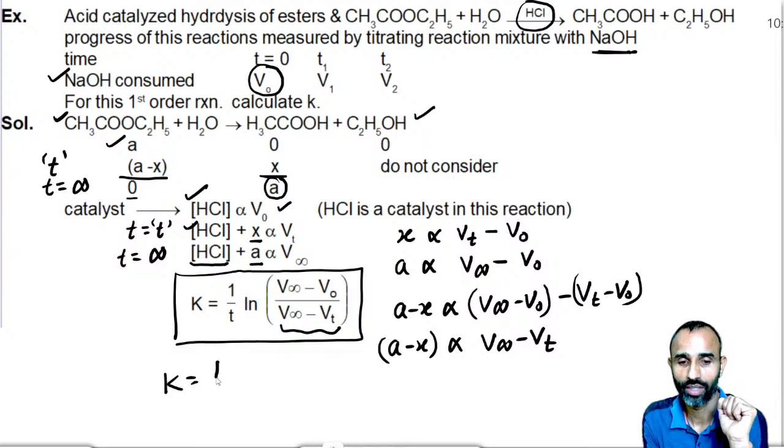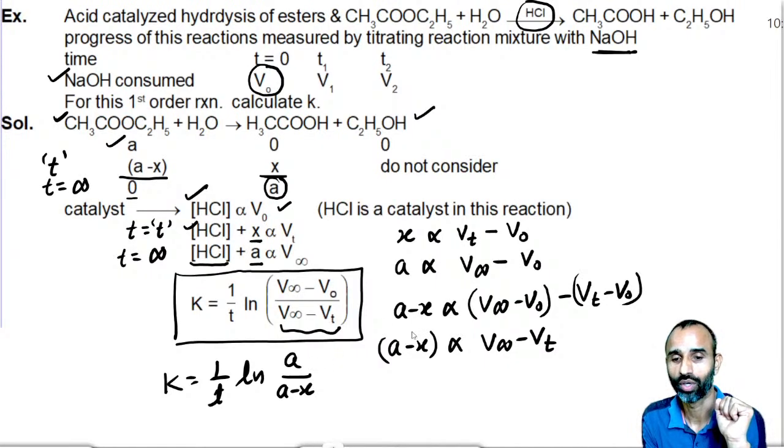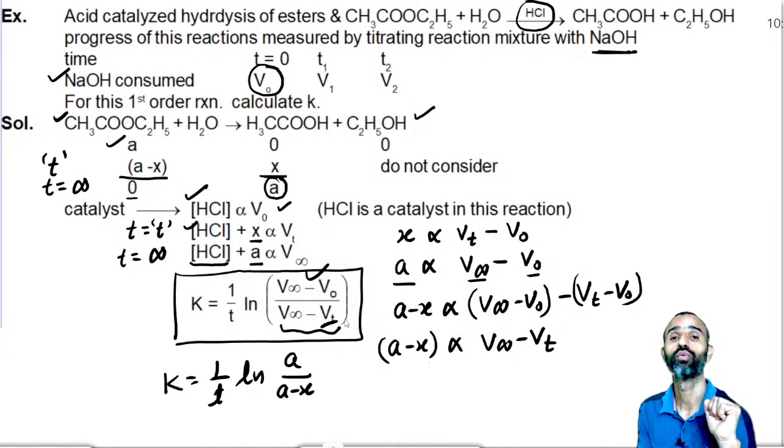So k is 1 upon t natural log of a upon a minus x, where a is proportional to V infinity minus V naught, and a minus x is V infinity minus Vt.